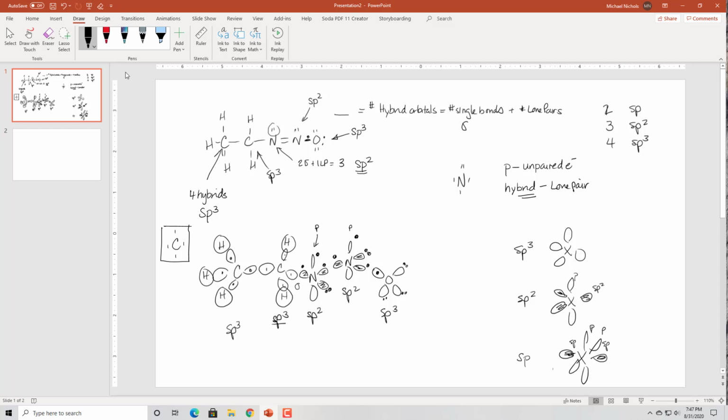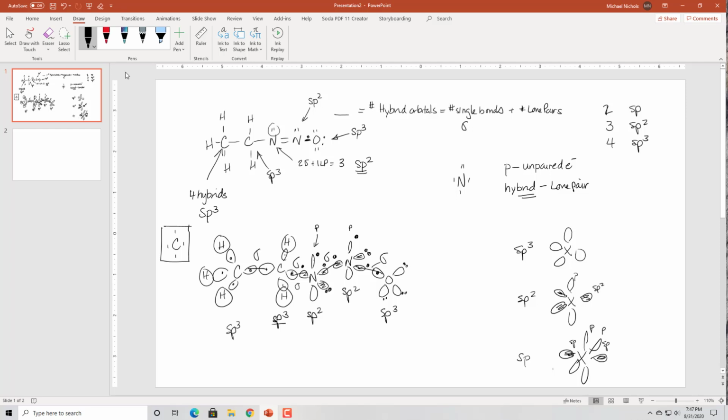The lone pairs always go in the hybrid orbitals, and if you kind of draw out the Lewis dot structure, you can kind of see that those lone pairs are going kind of where they would from this Lewis dot structure. So then in terms of finishing this picture up, overlap, head-to-head overlap, sigma bond, overlap, head-to-head sigma bond, overlap, head-to-head sigma bond, overlap, head-to-head sigma bond.